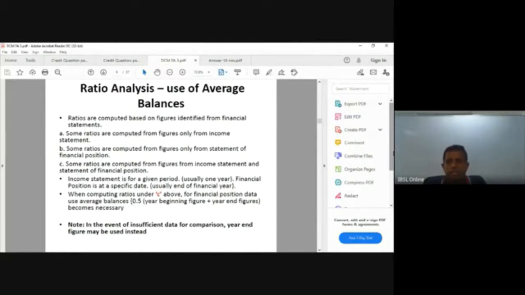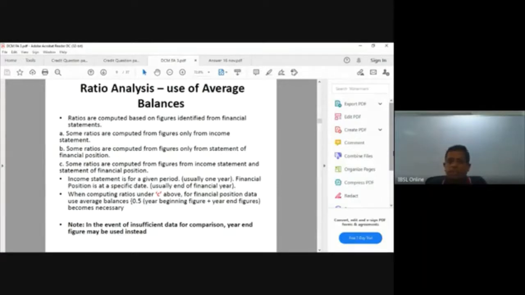When you're calculating the return on assets, say profit before tax return on assets, you have to take the profit before interest and tax from the income statement. In case of the other item, that is assets, you need to take the average asset. In calculating the average asset, you take the year beginning figure and the year end figure, take the total divided by 2 or take the total into 0.5.